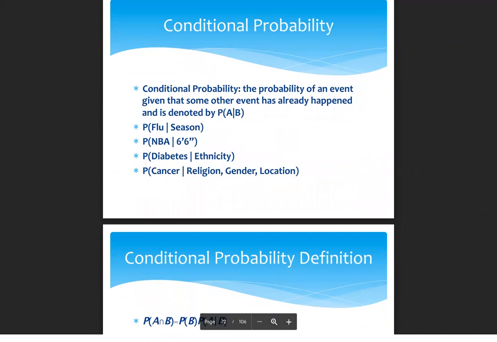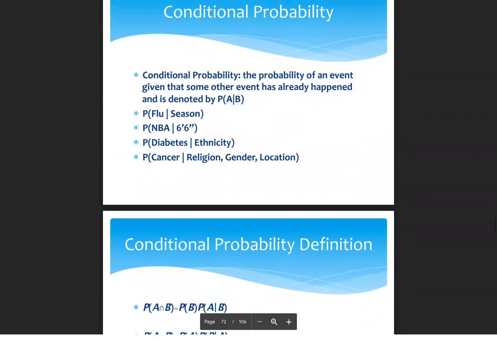So next slide is slide number 72, conditional probability. Conditional probability is a very powerful thing nowadays. It has a lot of application in the real world. You may not think about it, but it is actually true. Let's use the red color so that you can see it clearly.